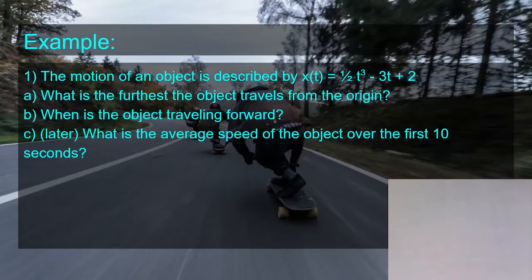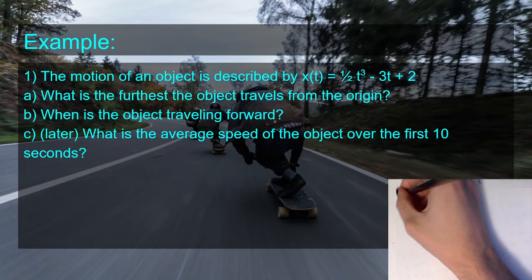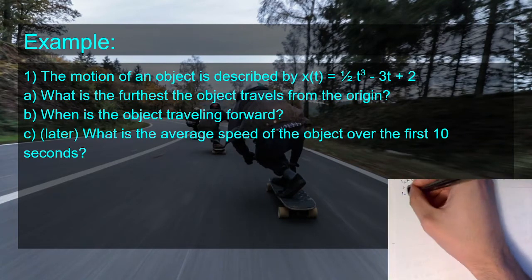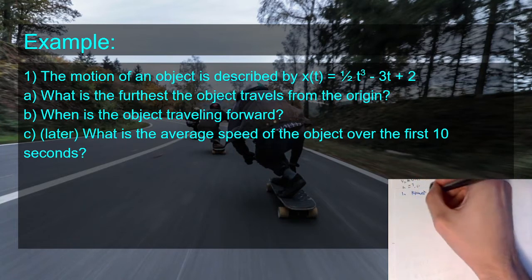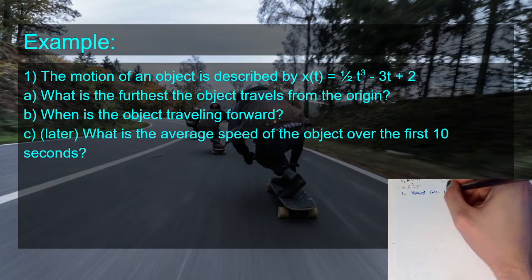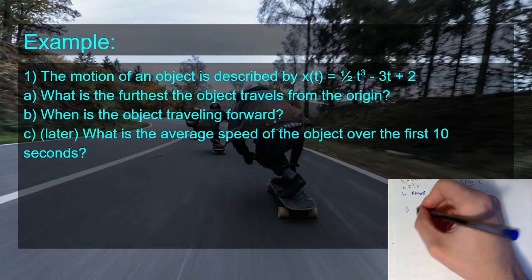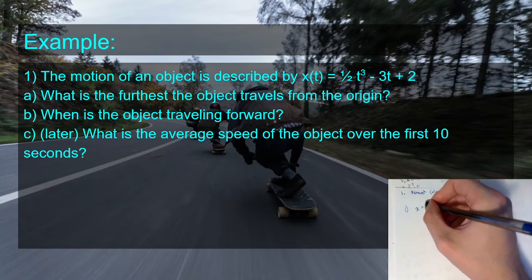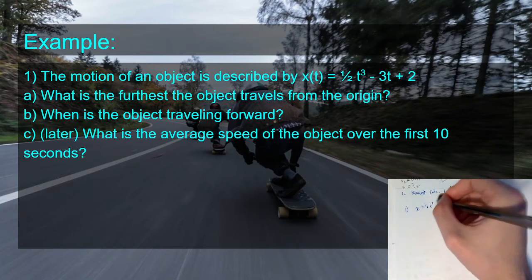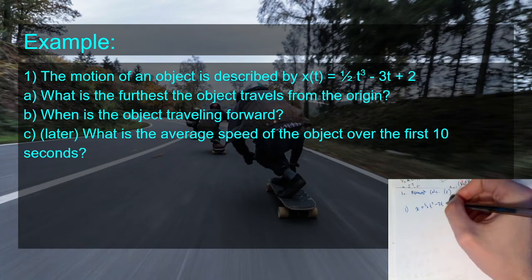This screen. We've got, this is 1 point something, nuanced calculus, physics C. Problem 1. Our equation is x is equal to 1/2 t to the third minus 3t plus 2.